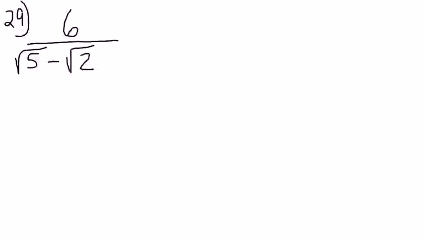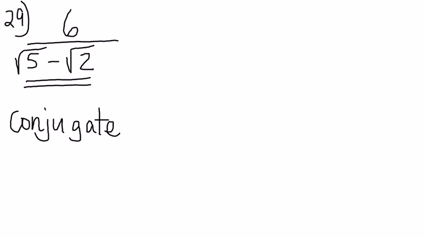So the process was to multiply this whole fraction by its conjugate. So do you guys remember what conjugate was? The conjugate of these two things here is basically rewriting that whole thing, and all I'm going to be doing is changing the sign that was in the middle.